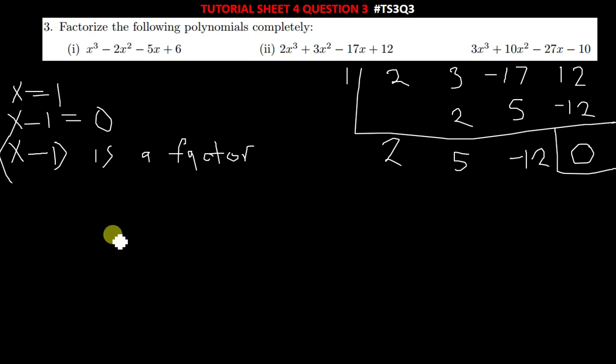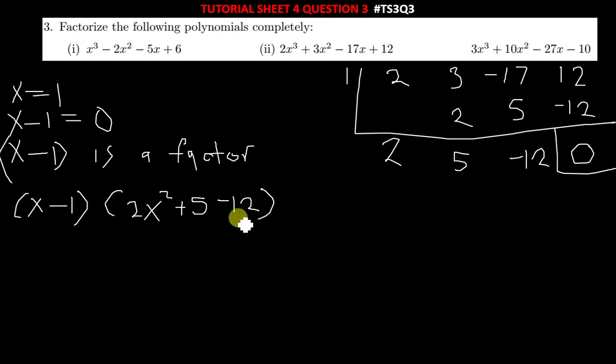So from there we can now write it in that format, which is x minus 1, and then we write the quadratic here. The quadratic will be 2x squared plus 5, and then minus 12 on this side. So we can now find the factors and the product. We have the product, which is negative 24, and the sum is 5.